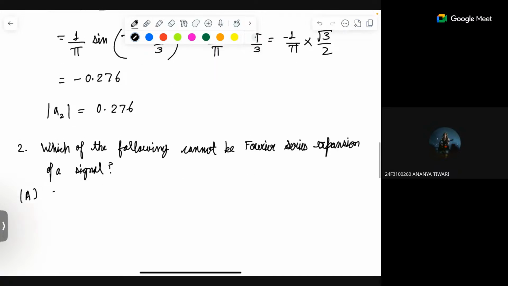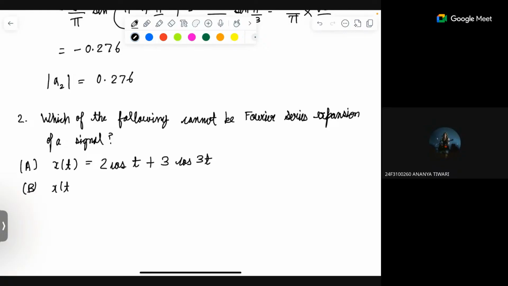First one, x(t) is equal to 2 cos t plus 3 cos 3t. Second option, x(t) is equal to 2 cos pi t plus 7 cos t. Third option, x(t) is equal to cos of t plus 0.5.